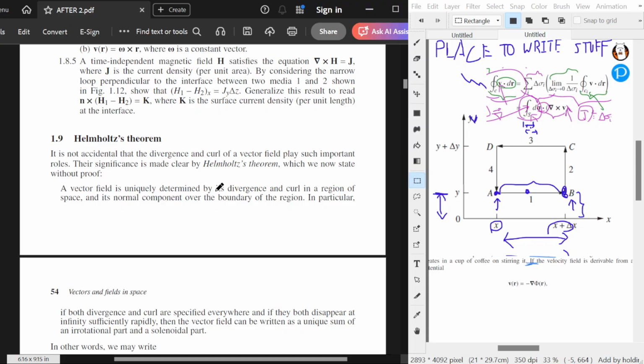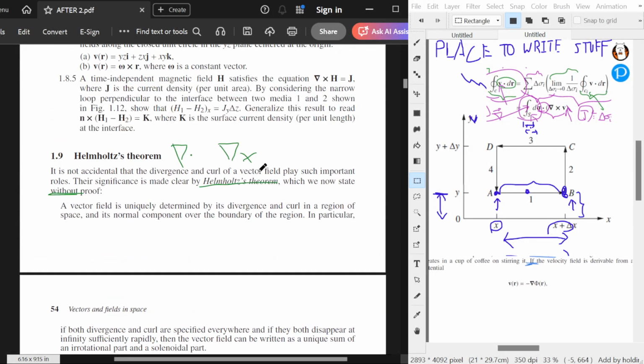It's not accidental that the divergence and curl of a vector field play such important roles. The significance is made clear by Helmholtz's theorem, which we now state without proof. Okay, maybe they'll prove it later.